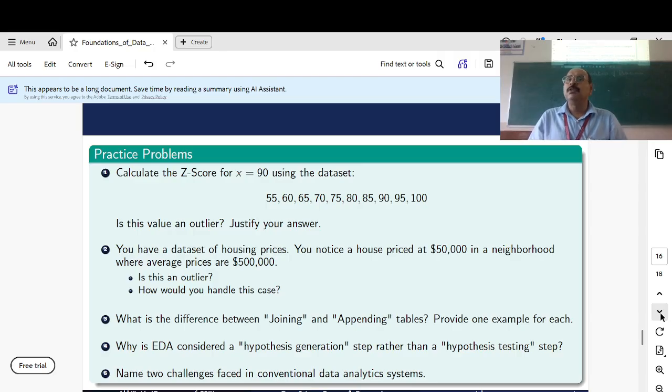Is that clear? So you can write down the questions very fast. I'm giving you some time so that you can write down all these things. These are your questions for your assignment 1.